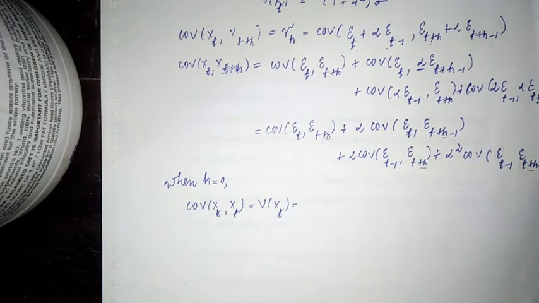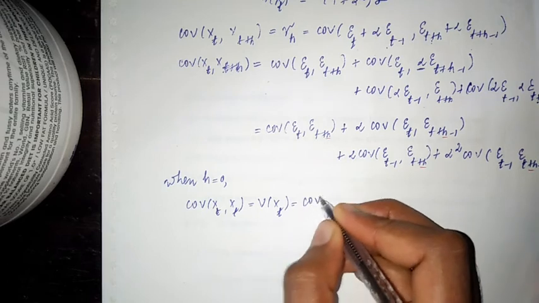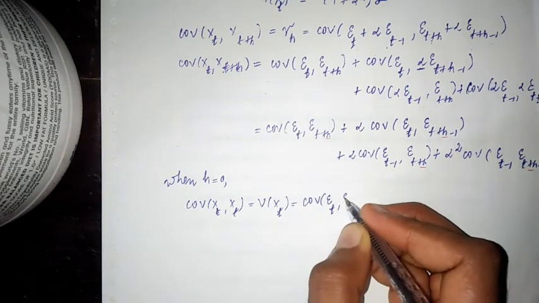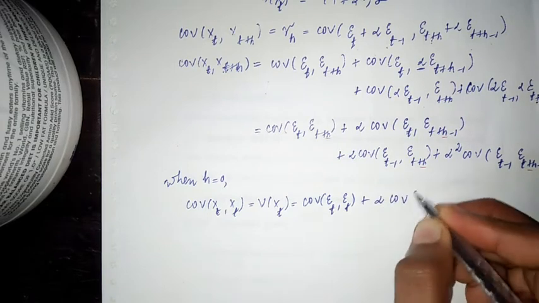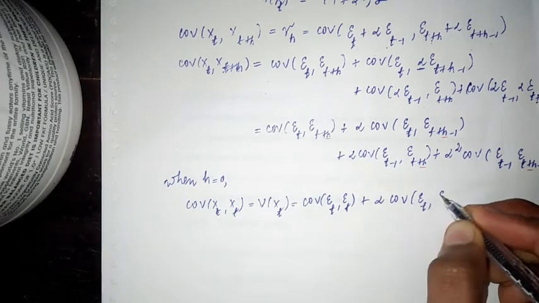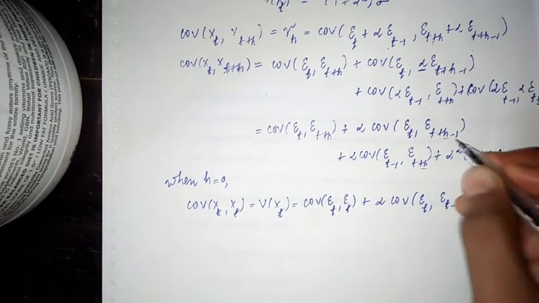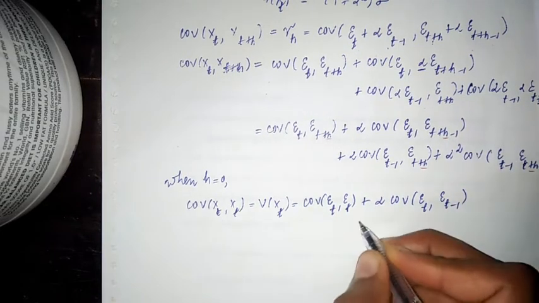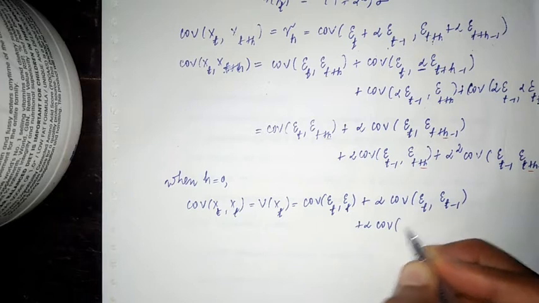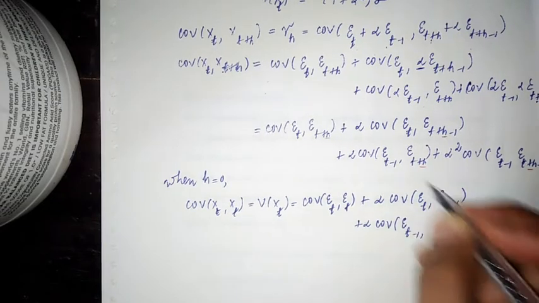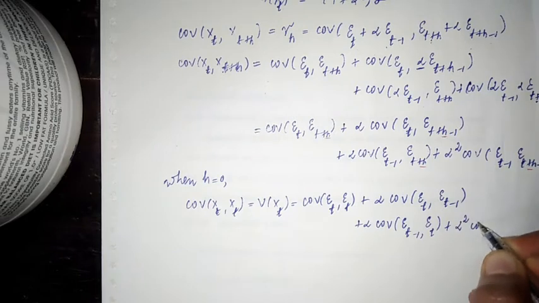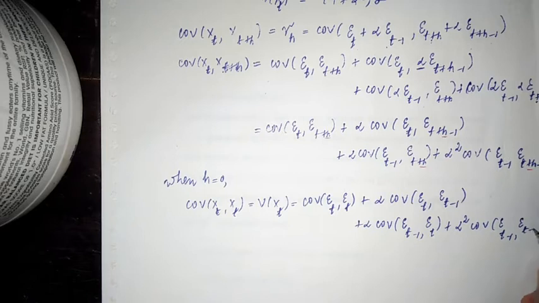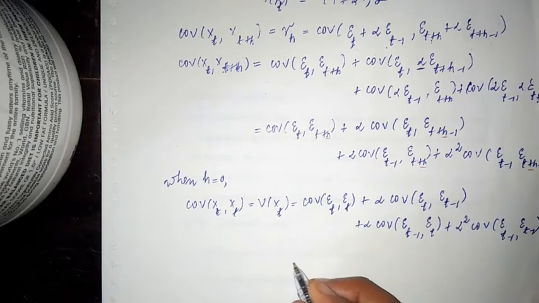It is the covariance between epsilon_t and epsilon_t, plus alpha times the covariance between epsilon_t and epsilon_{t-1}, plus alpha times the covariance between epsilon_{t-1} and epsilon_t, plus alpha square times the covariance between epsilon_{t-1} and epsilon_{t-1}.